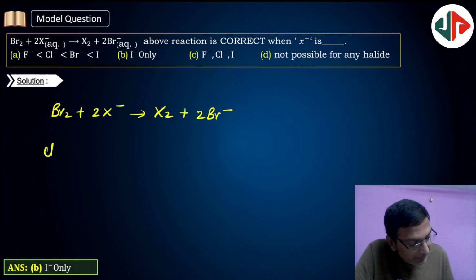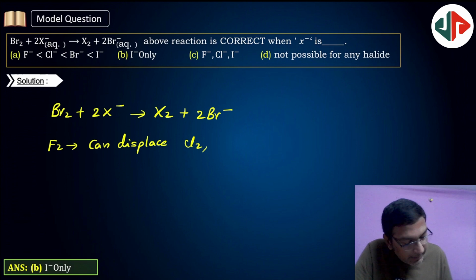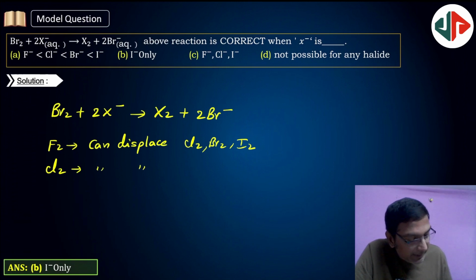So here Cl2, or first I will write F2 can displace Cl2, Br2 and I2. Cl2 can displace Br2 and I2. Br2 can displace only I2.